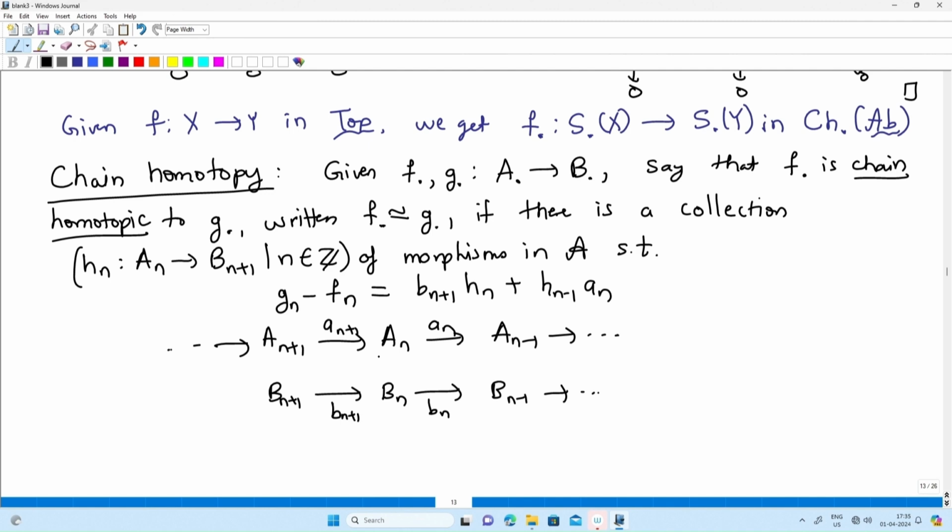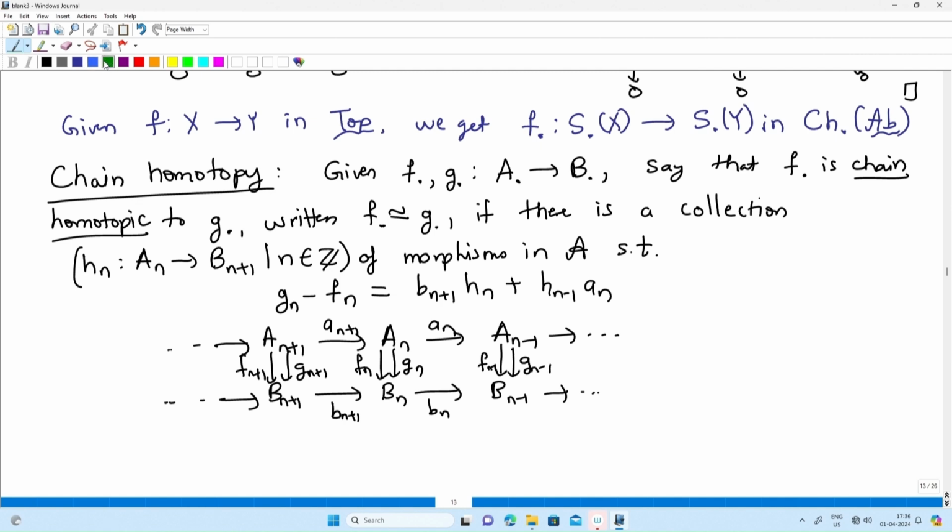Okay, so F and G are here. This is Fn, this is Gn. This is Fn plus 1, this is Gn plus 1. This is Fn minus 1, this is Gn minus 1.